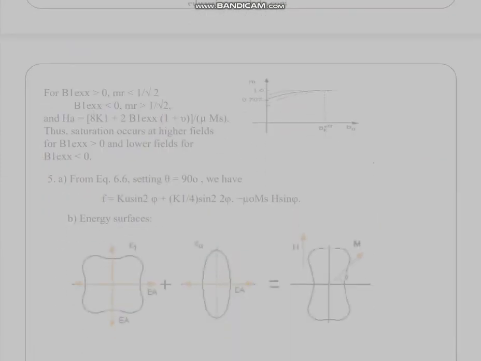For B1 epsilon xx greater or less than 0, Mr remains 1/square root 2, and Ha equals 8K1 plus 2B1 epsilon xx(1 plus nu) divided by Ms. Thus, saturation occurs at higher fields for one sign and lower fields for the other.